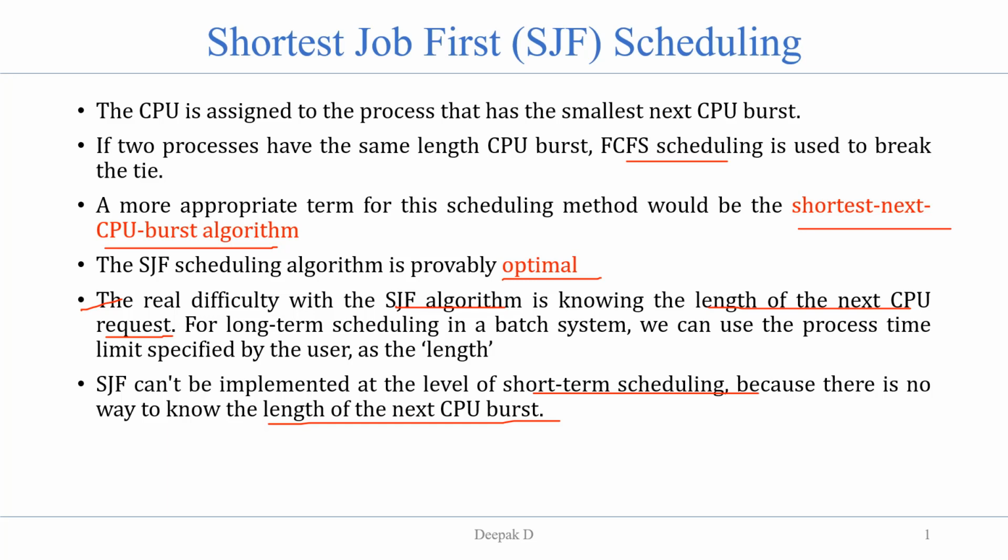But there are some approaches where you can approximate these values. That is, you may not know the length of the next CPU burst, but you can predict what the value of the next CPU burst could be. So this is the basic information regarding shortest job first.